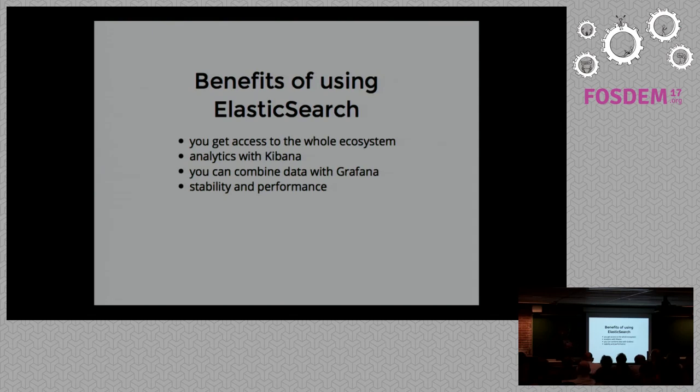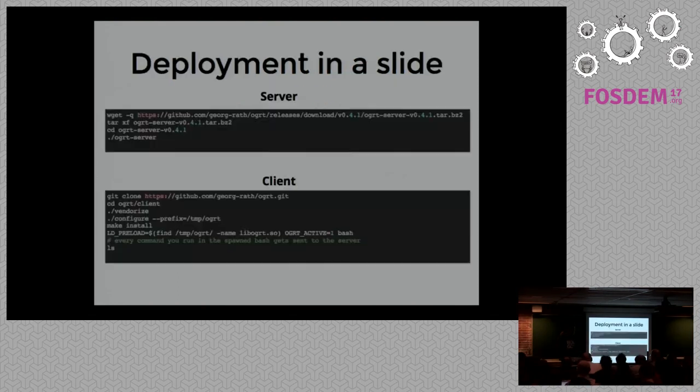So you would see the usage, let's say, memory usage of the job, and overlay it with the program executions. So I don't know, you start the memory hog and then you see that this caused the memory usage to go higher. Plus, stability and performance is quite good using Elasticsearch.